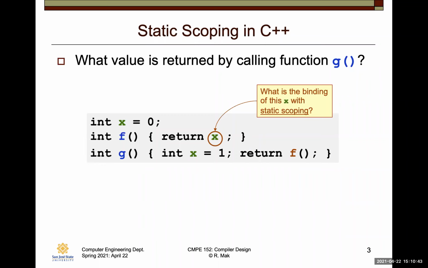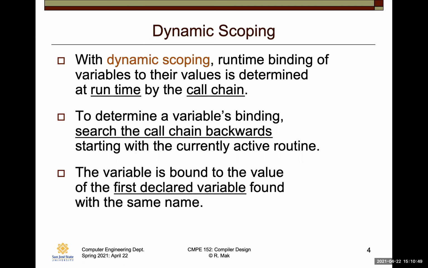Now, there is another type of scoping called dynamic scoping. With dynamic scoping, the binding of variables to their values is determined at runtime by the call chain.